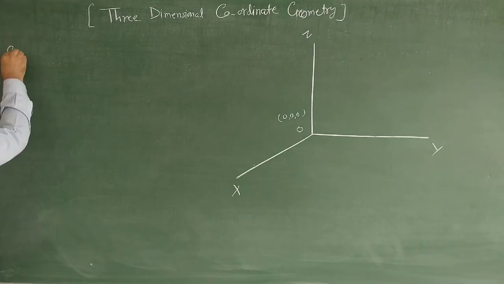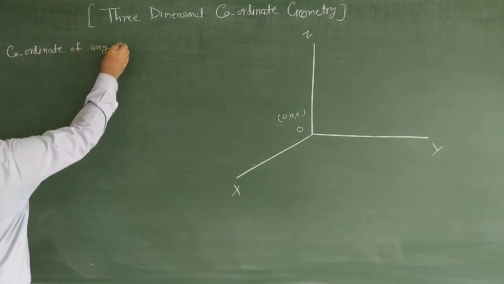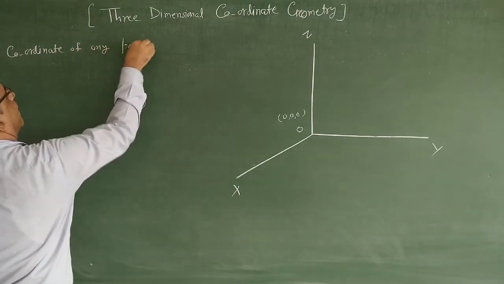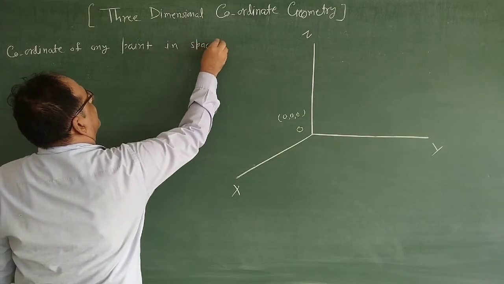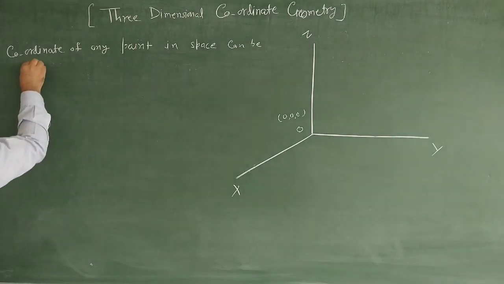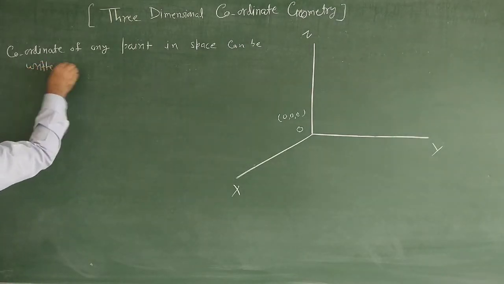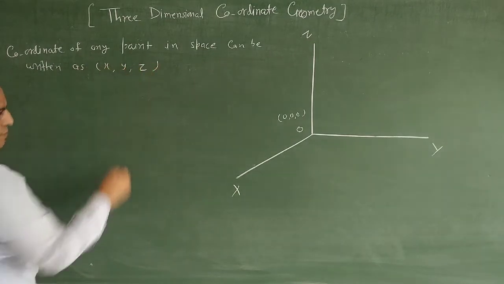Coordinates of any point in space can be written as x, y, z.